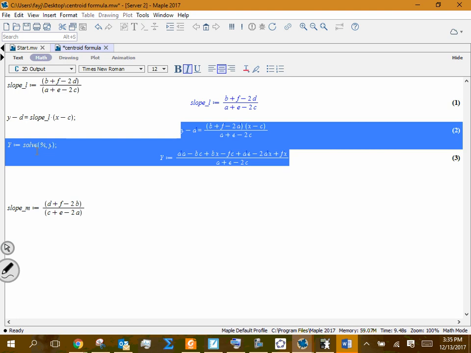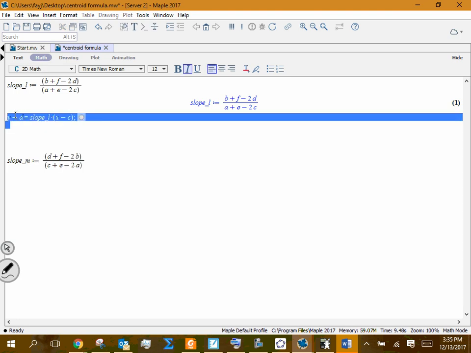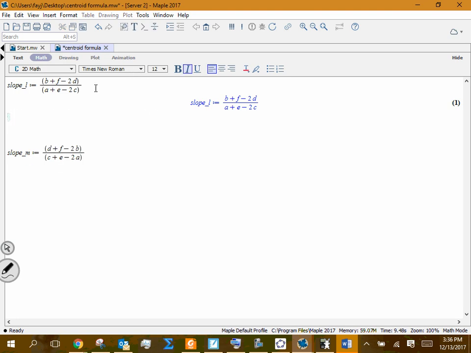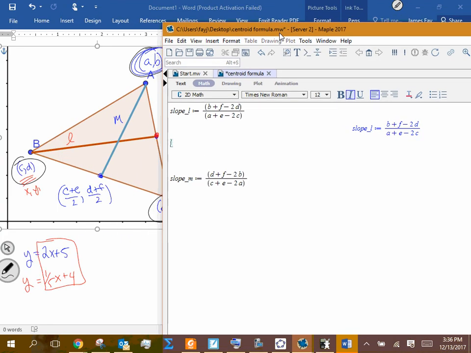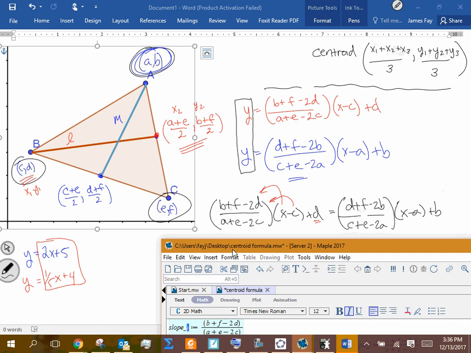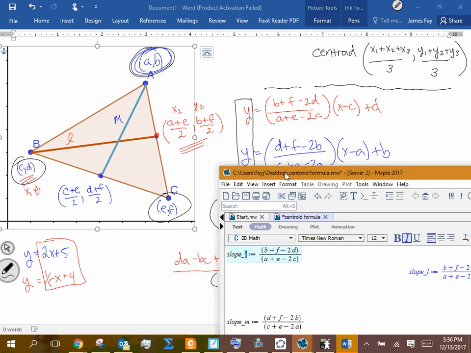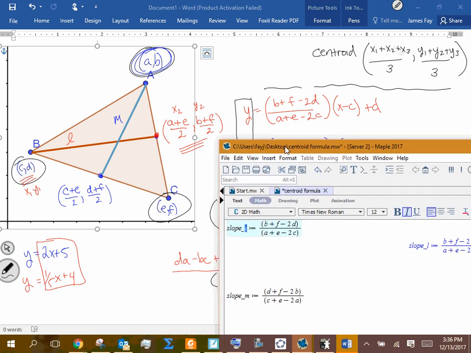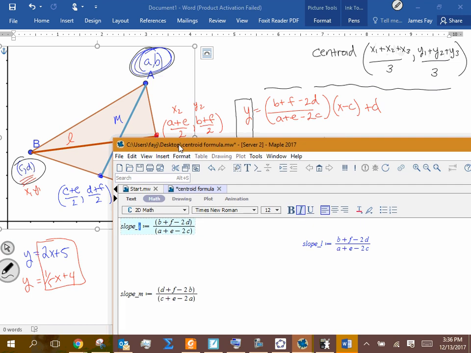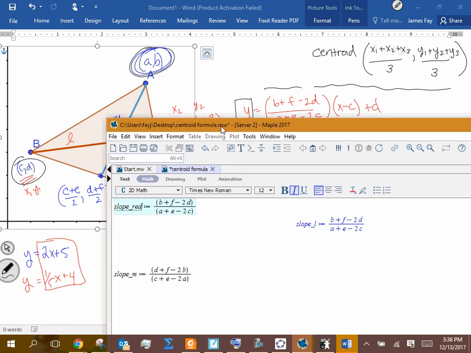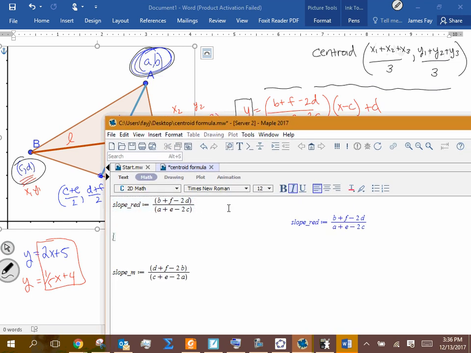I can take the information from my slopes. So b plus f was the slope of the red line. So I'm just going to say red here. Slope of the red line, I type that in and hit enter.